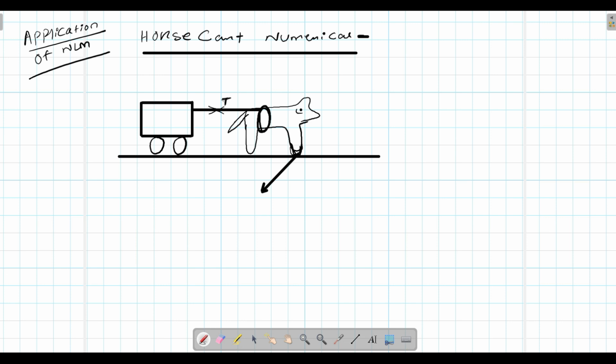T is the tension in the string. F is the applied force. Every action has an equal and opposite reaction. So this angle is theta. This is the action, this is the reaction.